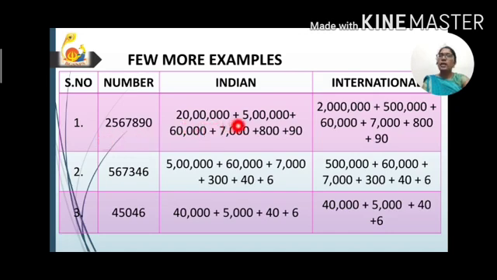So 20 lakh plus 5 lakh plus 60,000 plus 7,000 plus 800 plus 90. Next, in the international system, it is in millions place. So 2 million, 500,000, 60,000, 7,890.